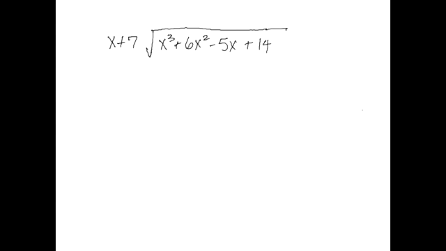Step number 1. When setting up your long division, make sure that you have a placeholder for every power. If your polynomial is raised to the third power, then you want to have a 3, a 2, a 1, and then a constant.